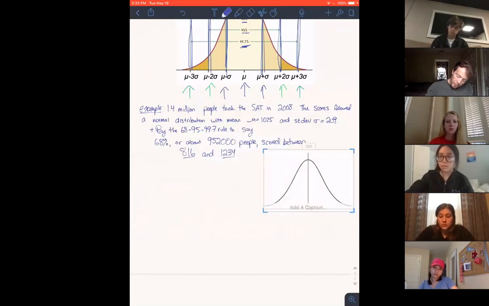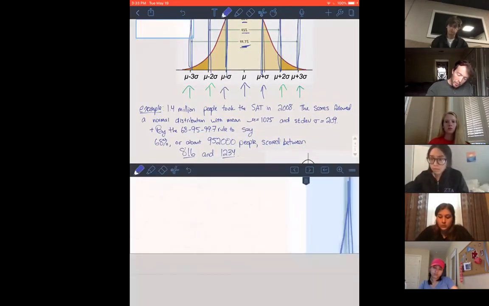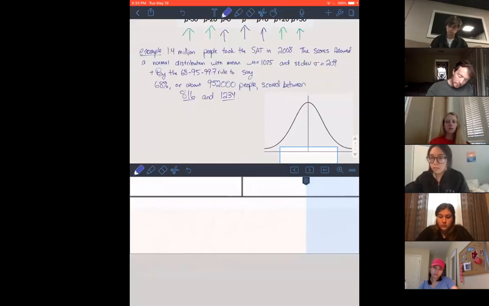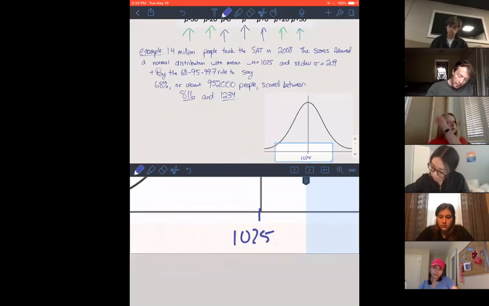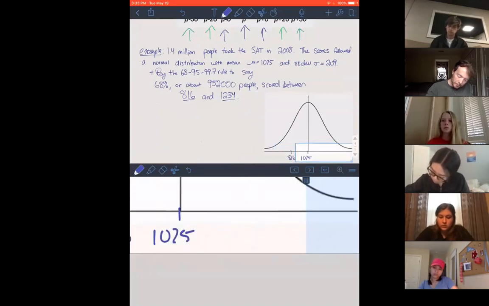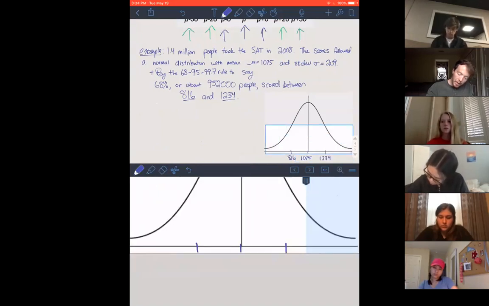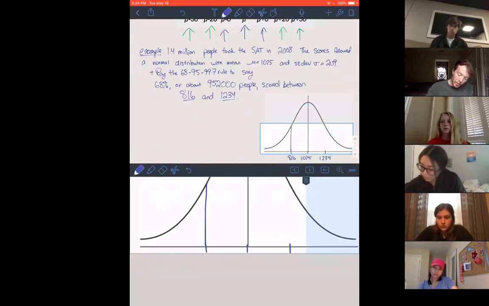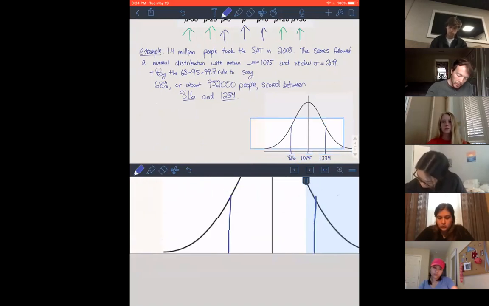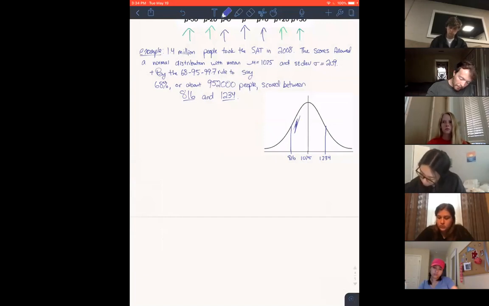We have a normal distribution that is centered at 1025, and if I go a standard deviation above and below the mean, then the area in between, which in our case corresponds to the proportion of people that got scores between these two values, is equal to 68%.